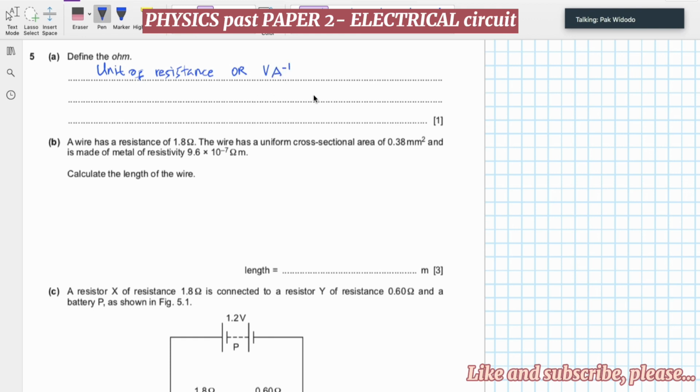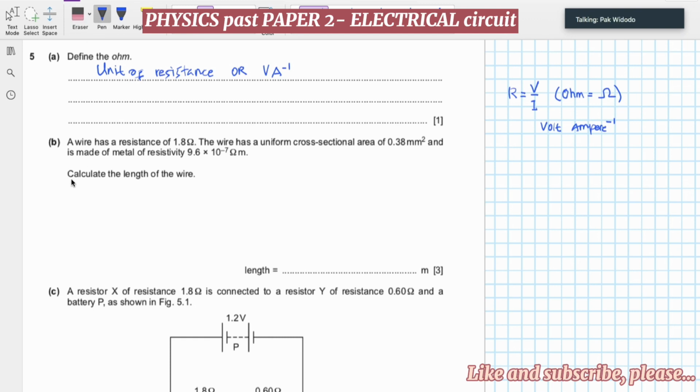From what? From R equals V over I. So this is an ohm. Sometimes we use the symbol like this one, and this is the same thing as volt ampere minus 1. Okay, that's it.